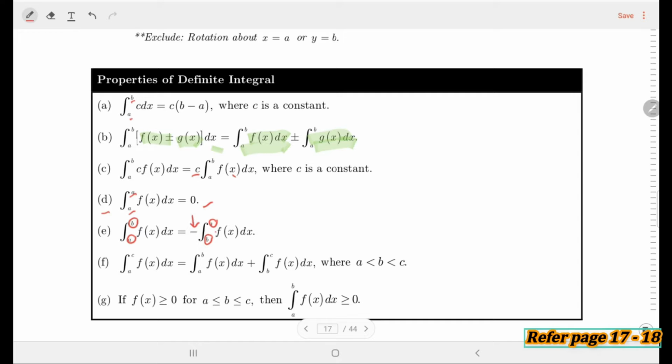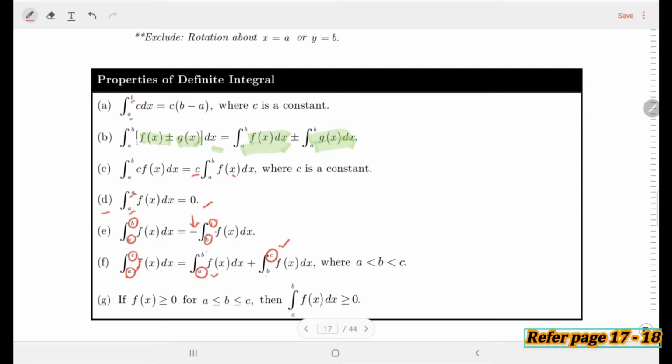For the next one, F. Now we look at the lower limit a to the upper limit c. We can split it into two integrals, from a to b and then from b to c. The most important thing here is that the beginning limit must be a and go up to limit c.